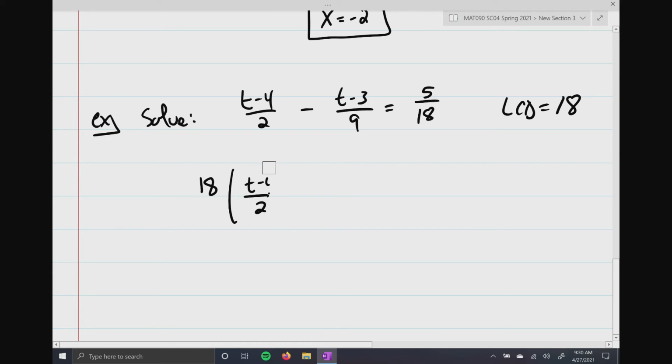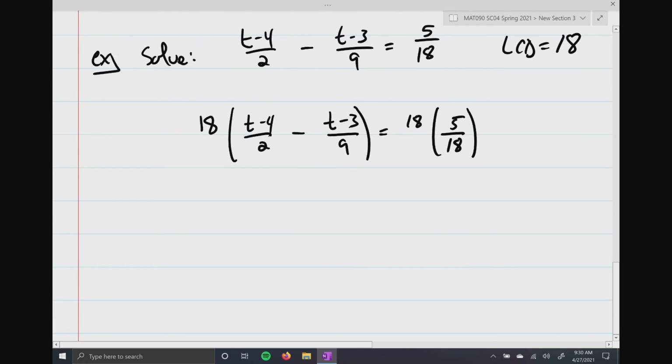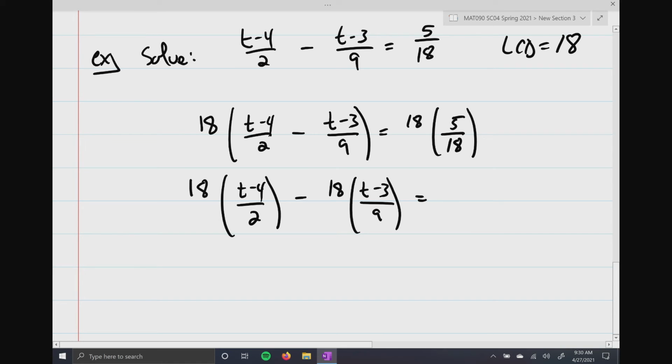Actually, let me do both sides first. Okay, so multiply both sides by 18. Now I will distribute.